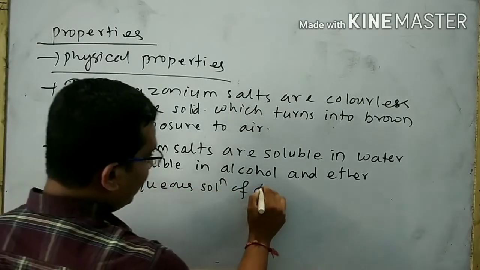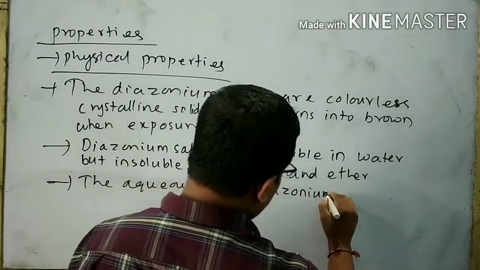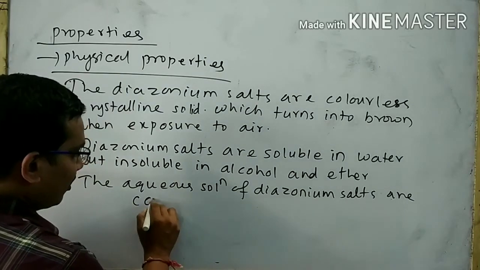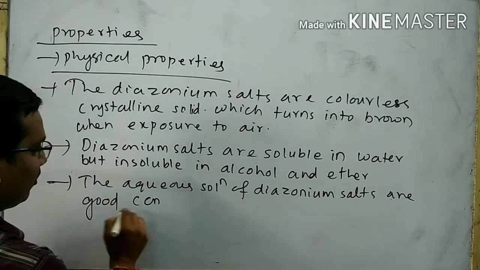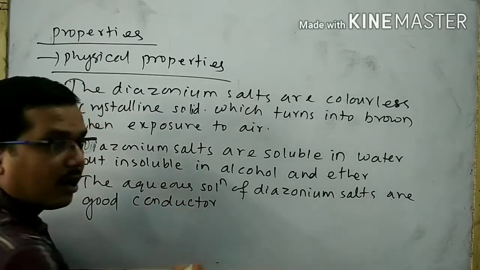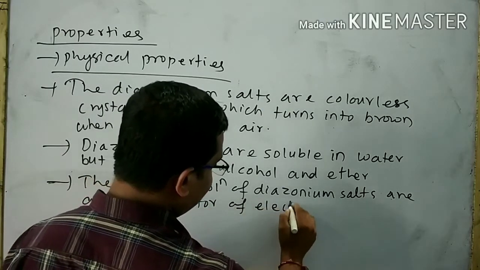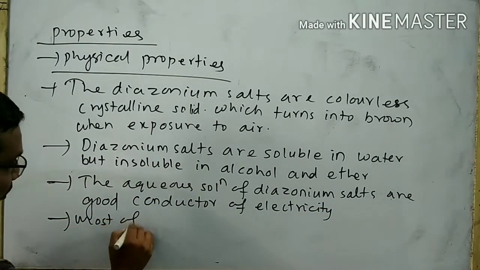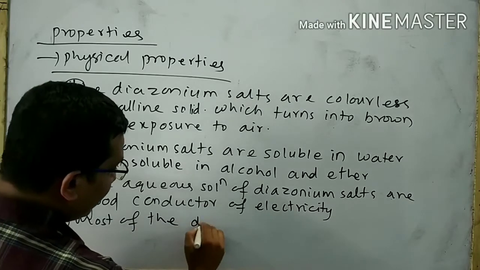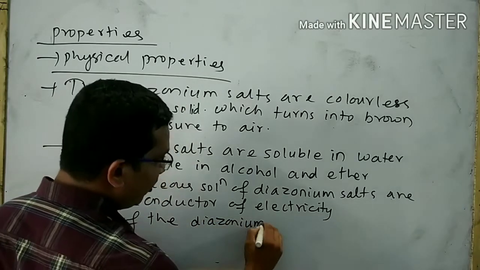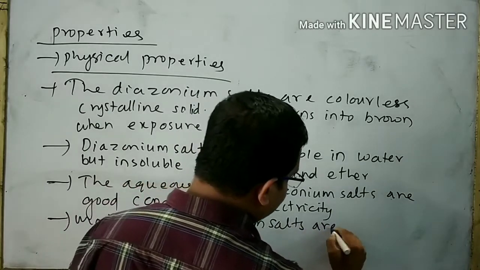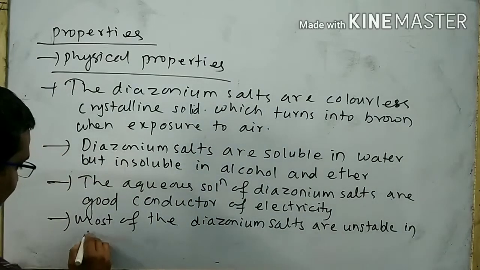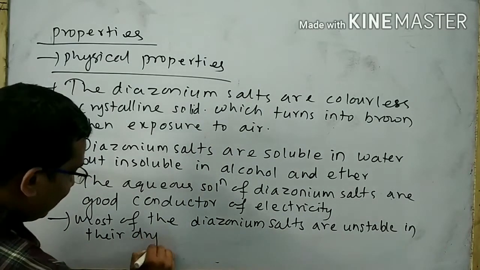The next point is the aqueous solution of diazonium salt is a good conductor of electricity. Most of the diazonium salts are unstable in their dry state.